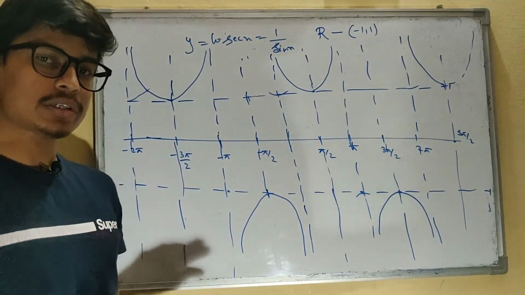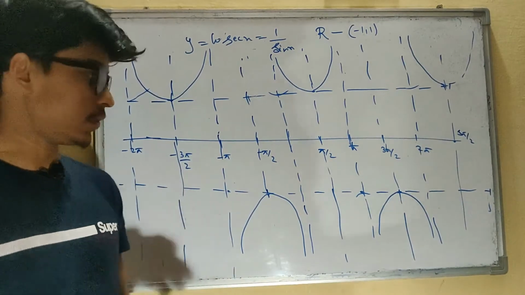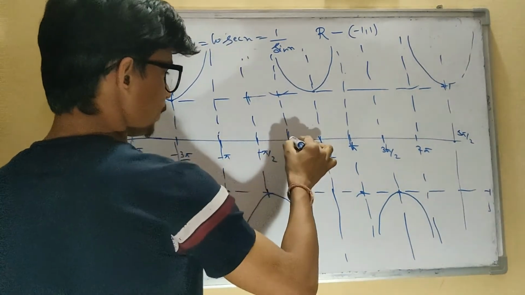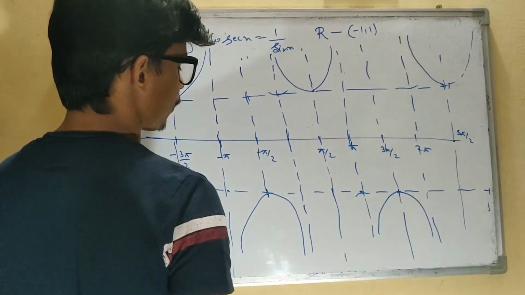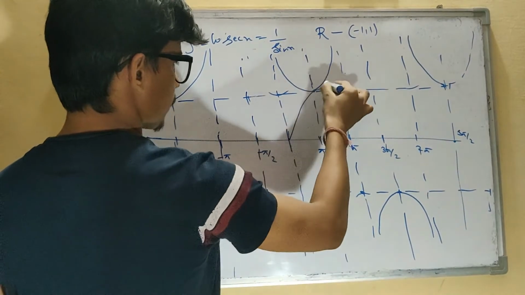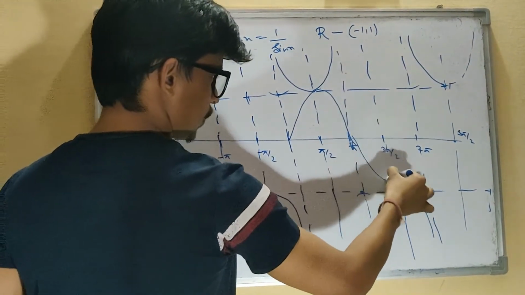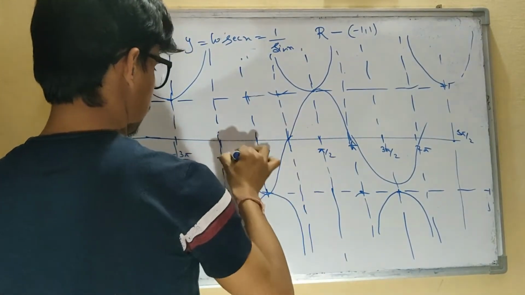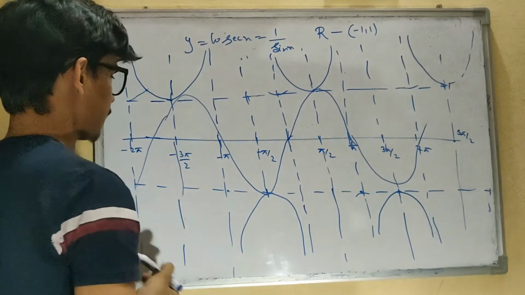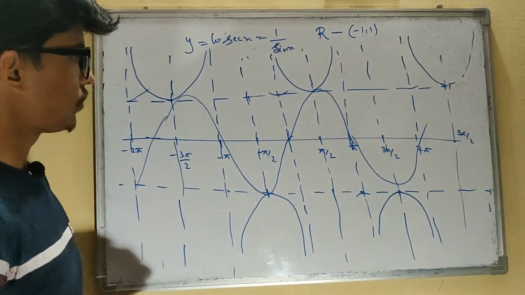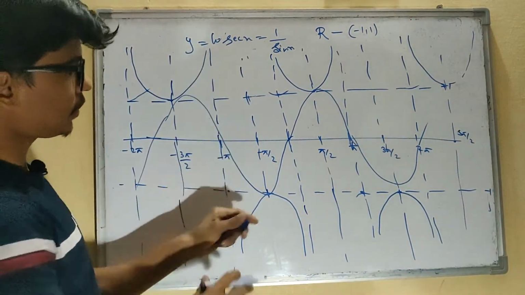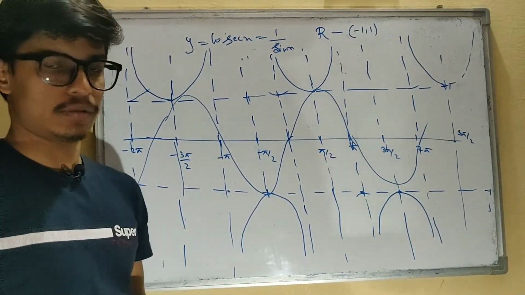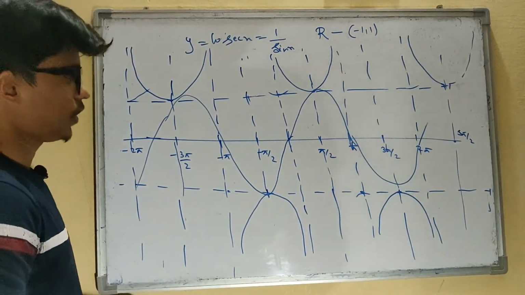Draw all 6 trigonometric functions on the same graph, like 0, pi by 2, and so on. So sin x, cosec x, and on the same graph you draw all the trigonometric functions. This is the task for you, just do it.